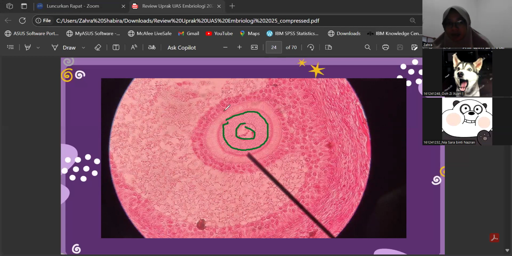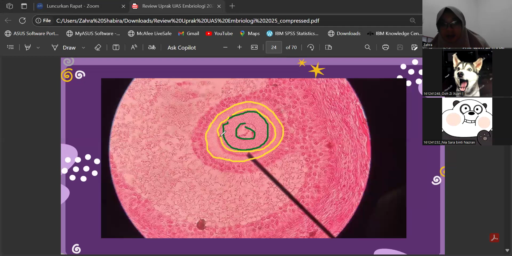Change the color to yellow. From here and then here, there is a whitish line between the oocyte and the corona radiata. This one is corona radiata.